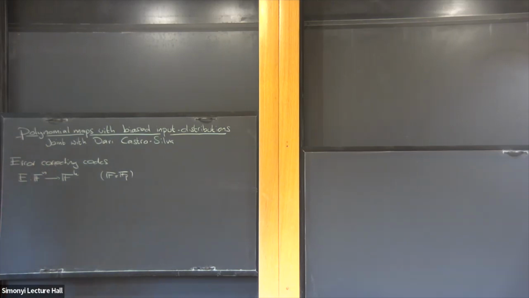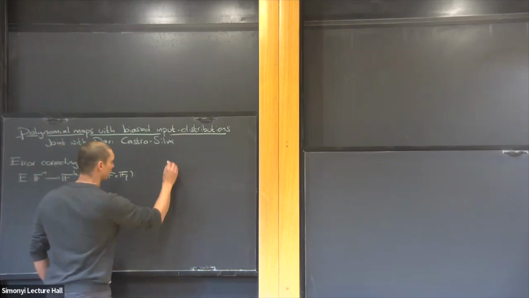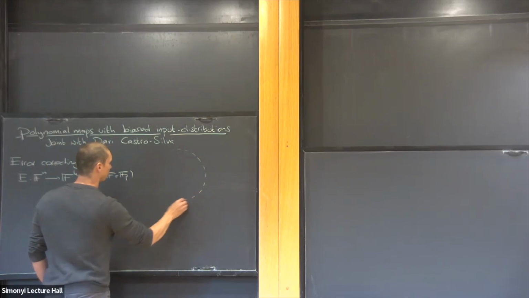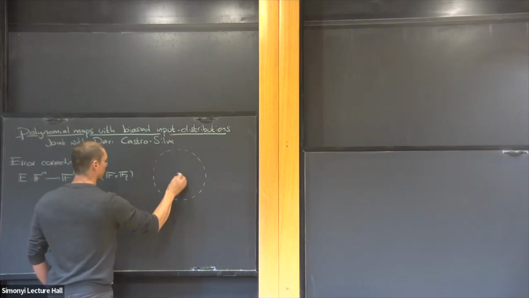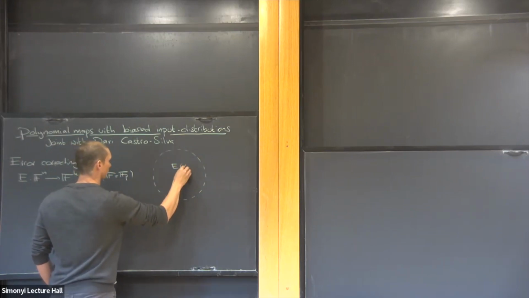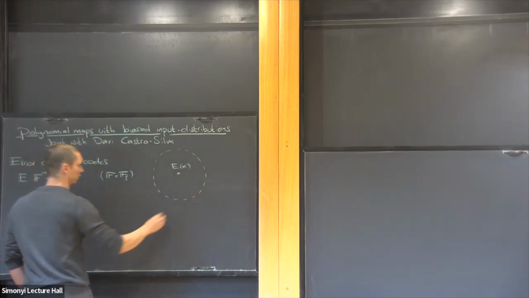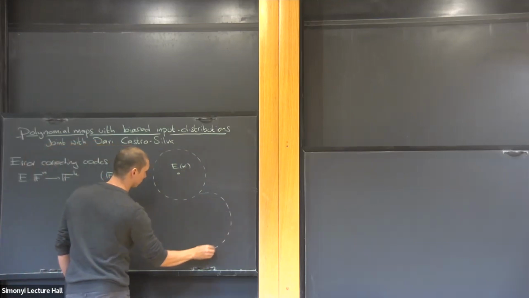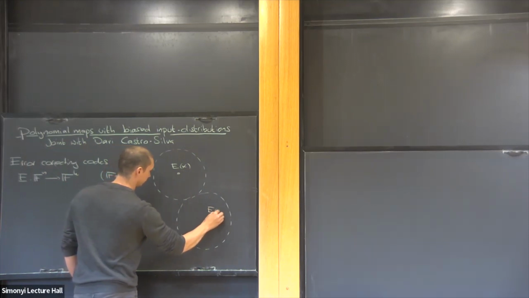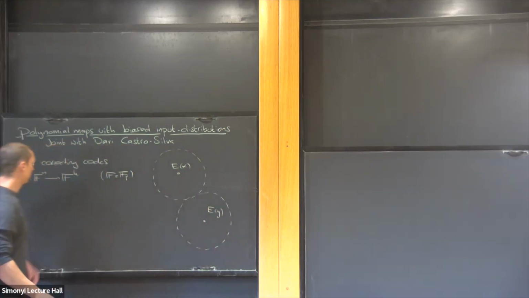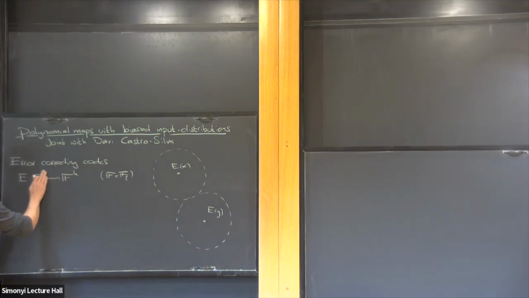Okay. So an error correcting code is a map from n-dimensional vectors to k-dimensional vectors, and it typically has the property that its code words are well separated in Hamming distance. K is small, n is big.